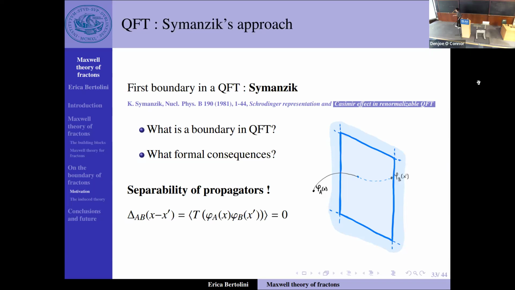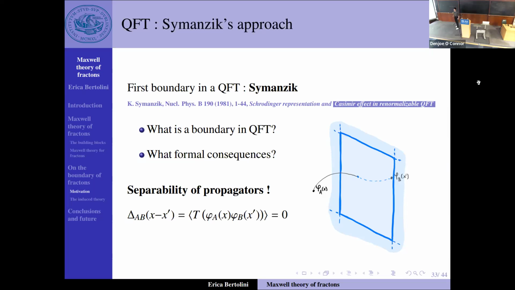So the theory existed on one side and on the other, and that was related to the property of separability of the propagators, meaning that propagators of the theory between points lying on opposite sides of the boundary had to be zero.